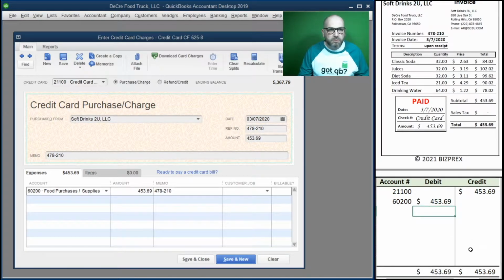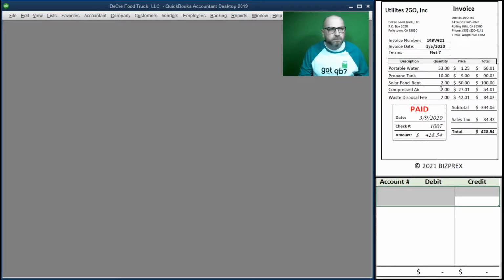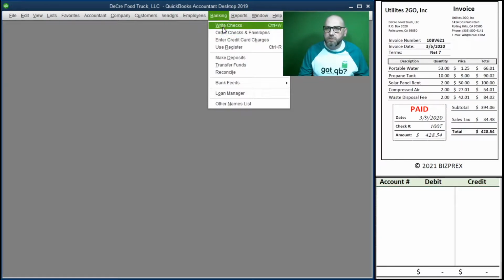All right, debits and credits are in balance. Good to go on this one. This one was also paid with a check, so we're going to write a check.